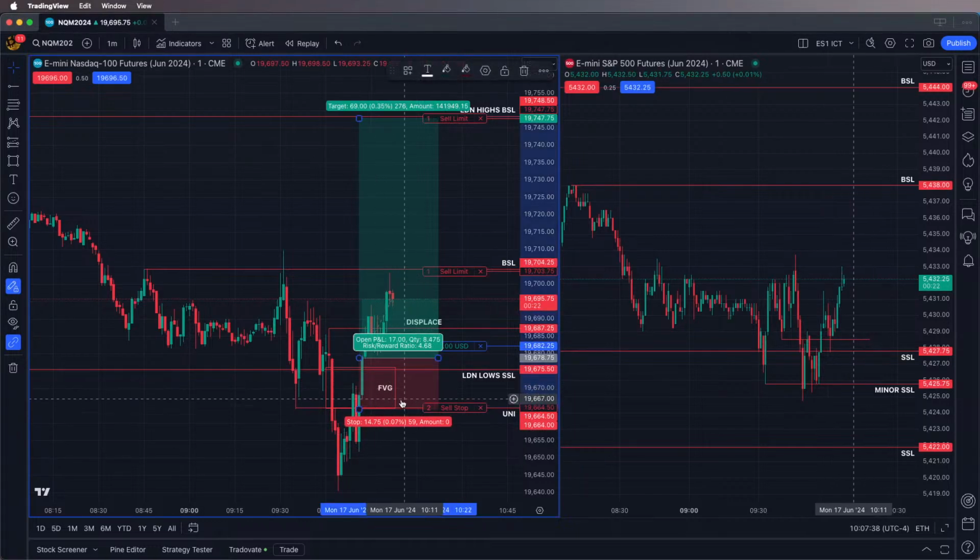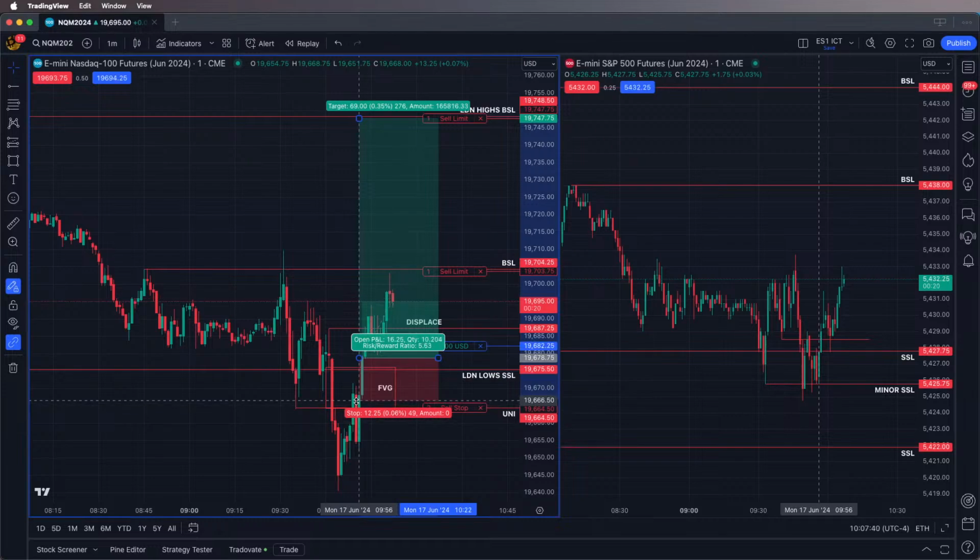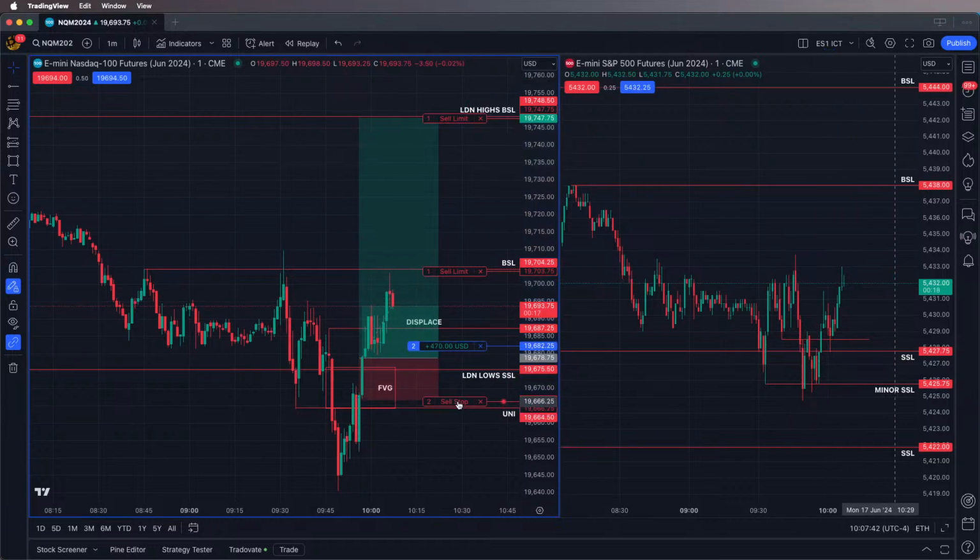So as of now, I'm just going to lower my risk just slightly and move my stop to around 12 handles.